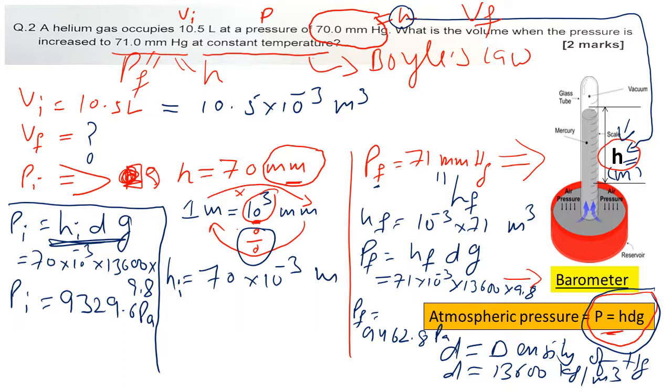So the meaning is, this is the value of the height of this barometer. I am using here HF, and the value of the HF in meter will be 10 to the power minus 3 multiplied by 71.